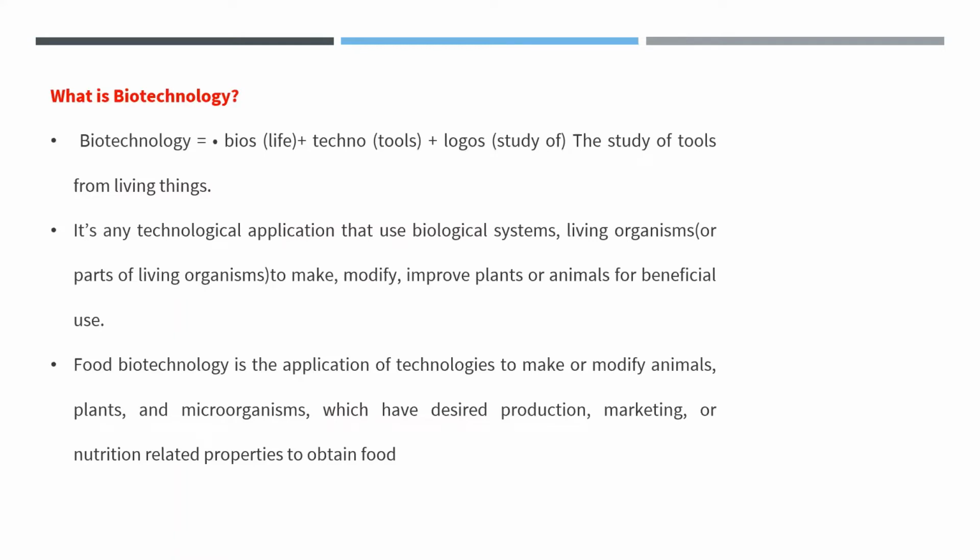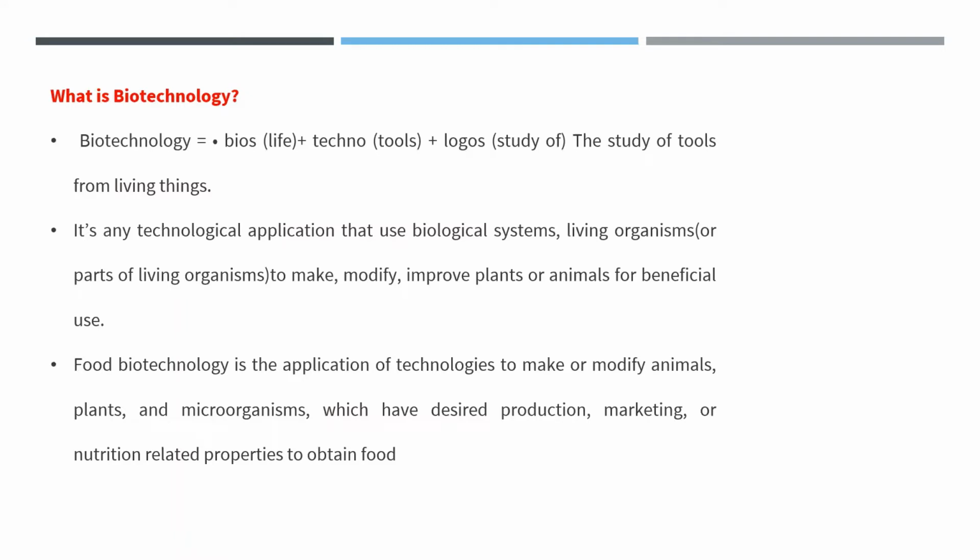What is biotechnology? When we split the word biotechnology into bio, techno, and logos: bio means life, techno means tools, and logos means study of. So altogether, we can say it is the study of tools from living things.